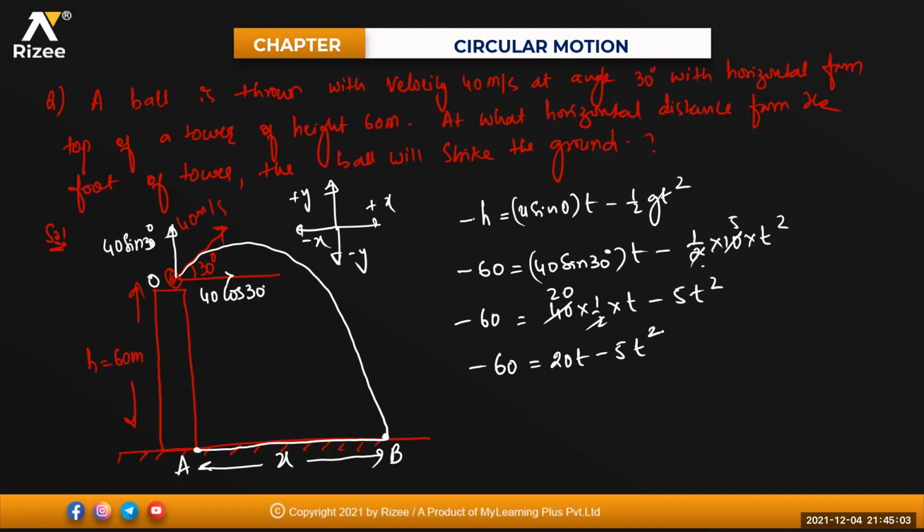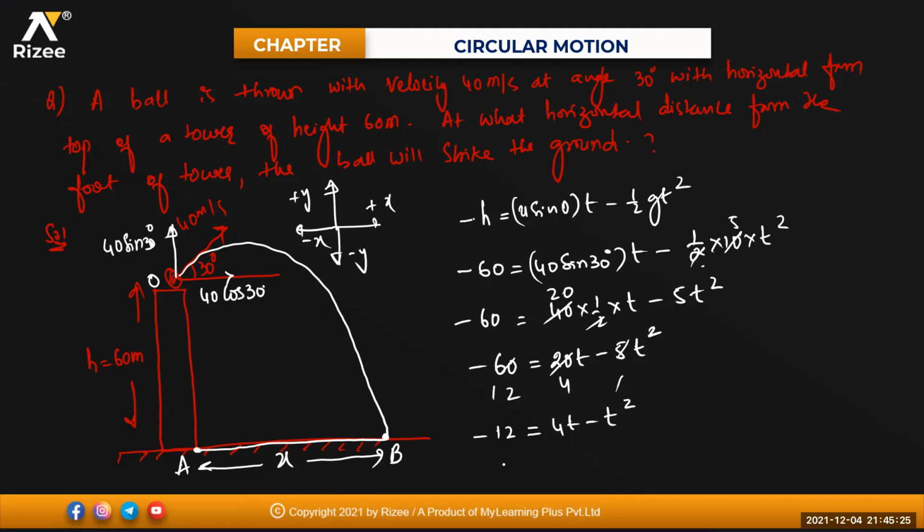If you see it carefully, why are you not getting a quadratic equation for this one? Divide by 5: 5 ones are 5, 5 fours are 20, 5 twelves are 60. So if I take all the t terms, this is minus 12 is equal to 4t minus t square.